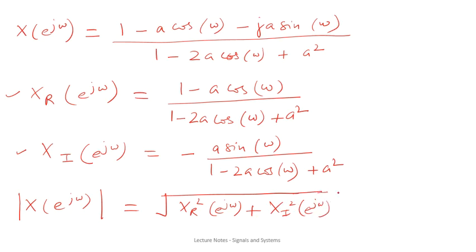When you put the values of the real and imaginary parts in this expression, you will get 1 over under root of 1 minus 2a cos omega plus a square.